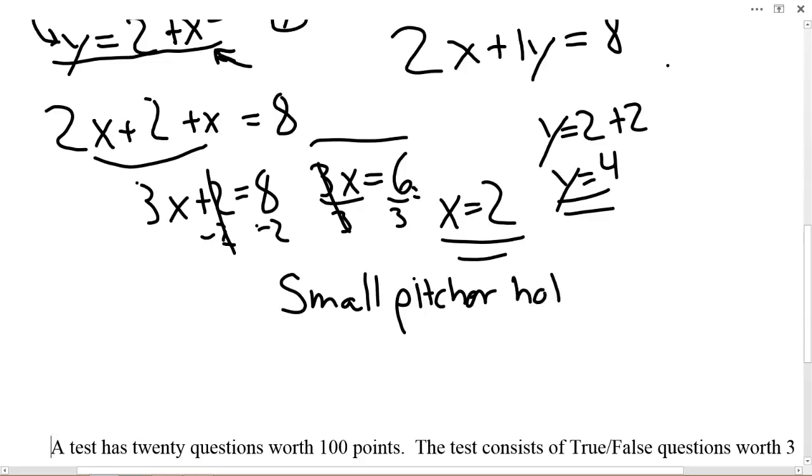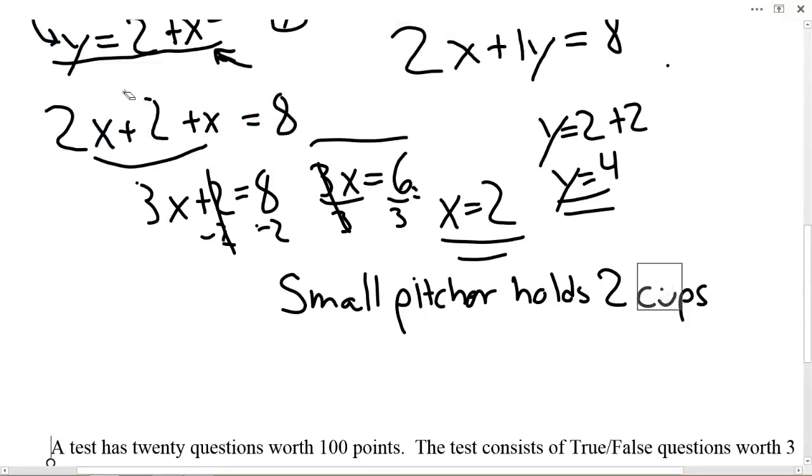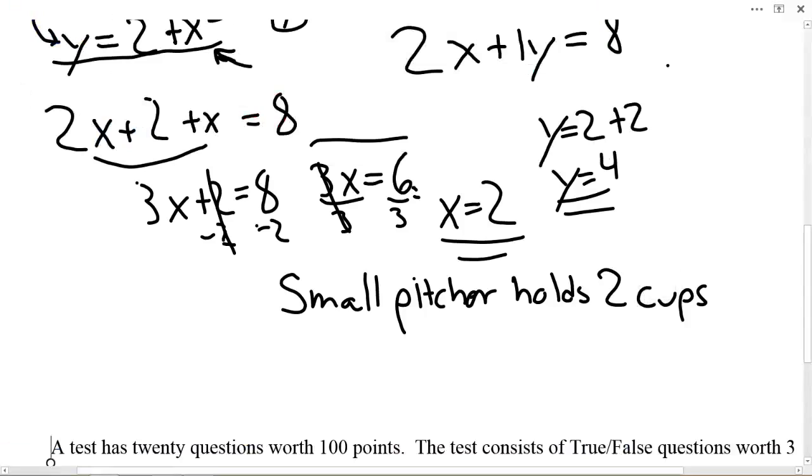holds 2 cups of water, right? Just 2 cups. We're talking about a measurement here, so just say it holds 2 cups. You could just write it like that. It doesn't really matter how much water, because it doesn't have to be water. It could be anything, right?